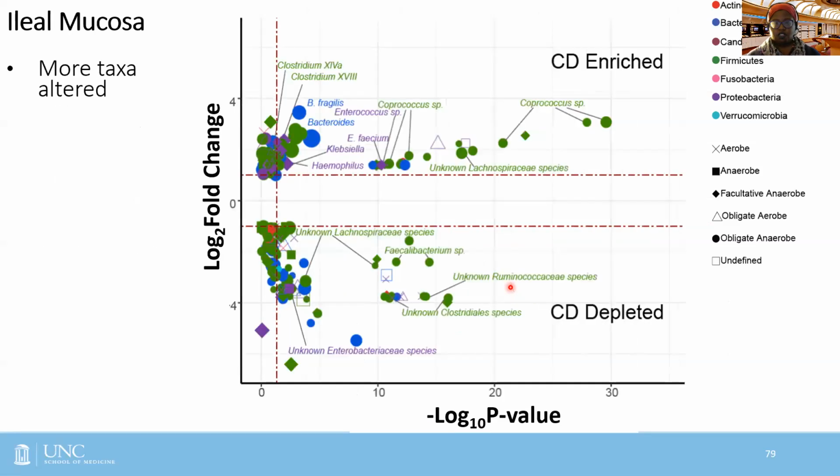Okay, and then we looked at the ileomucosa between Crohn's disease and non-IBD. As we can see here, we're seeing a lot more of these filled circles, these obligate anaerobes that seem to be enriched in the presence of Crohn's disease in the ileomucosa, as well as pathogenic proteobacteria such as Klebsiella and other Enterococcus species.